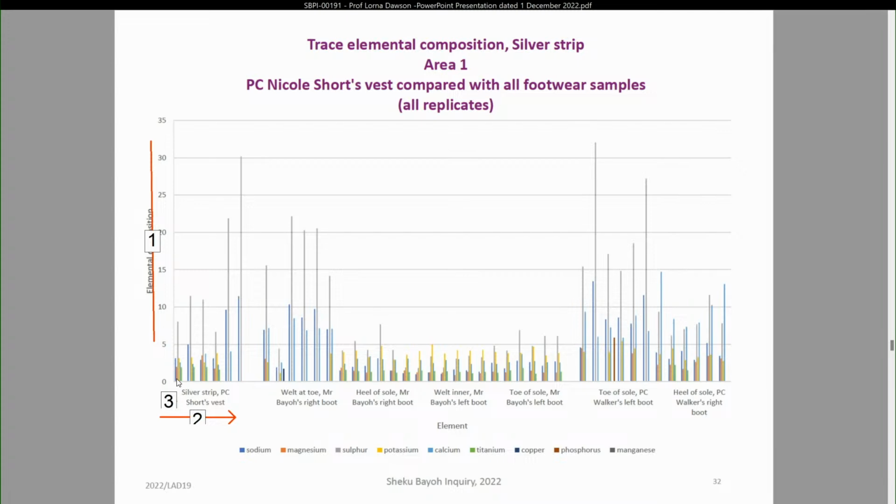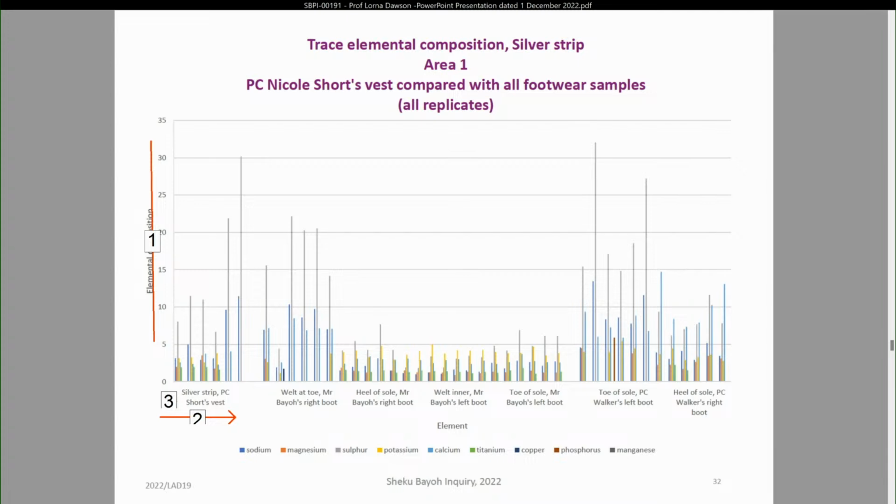I think you can see by looking at the silver strip sample Area 1 that within that same sample there's a lot of variation. Not all replicates look the same. You can immediately see that the first 4 are more similar to each other, by the relative amounts of the colour and which elements are represented, than the last 2, replicates 5 and 6.